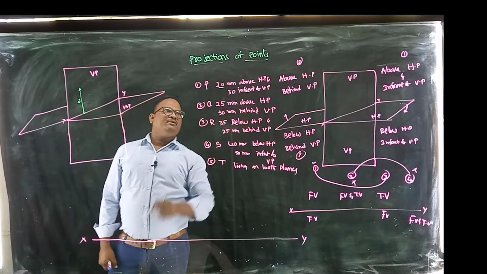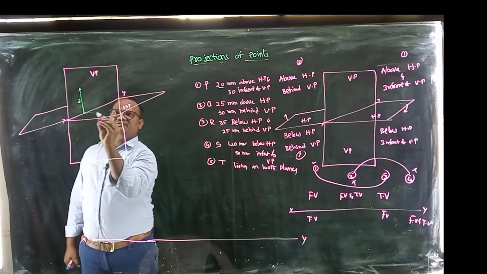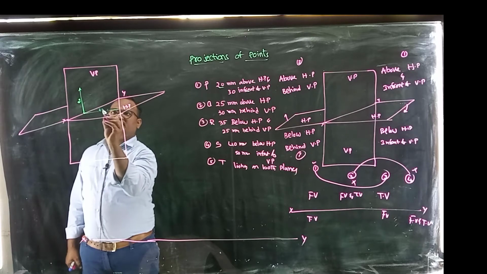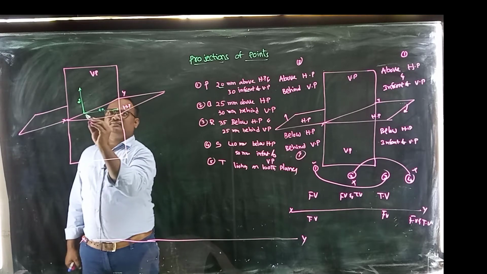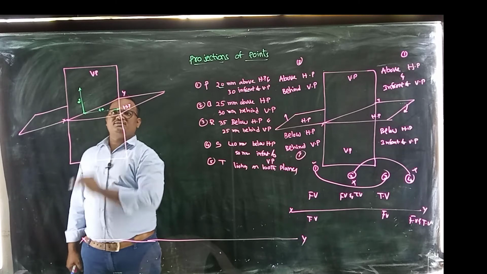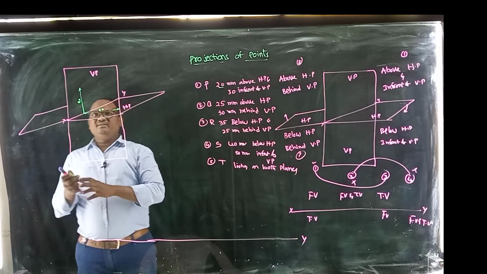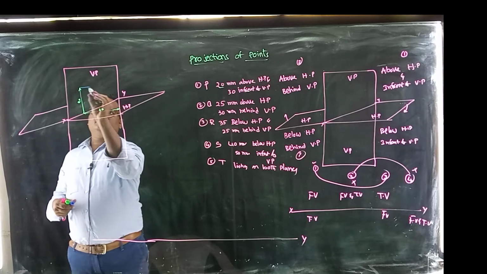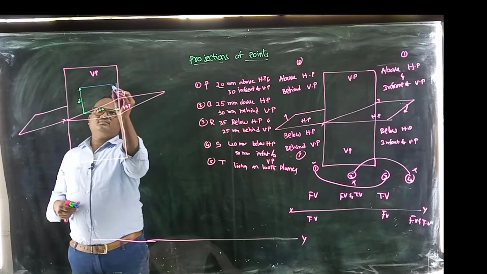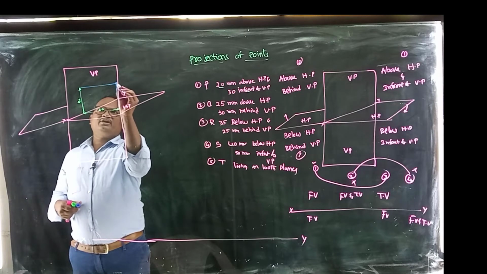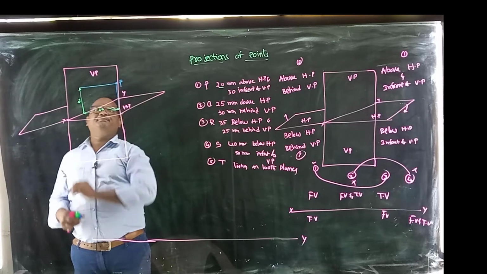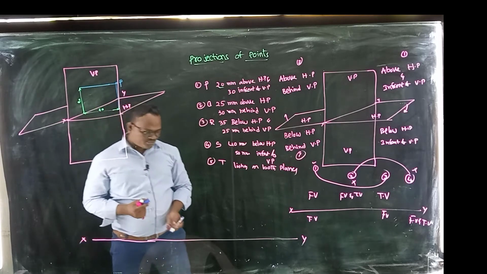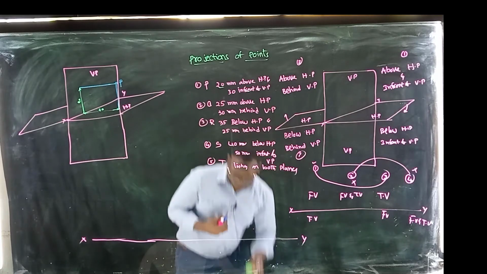Then 30 mm in front, this is in front 30 mm. So here we will get 1 point. By joining these 2 points, you will get the location of point capital P.